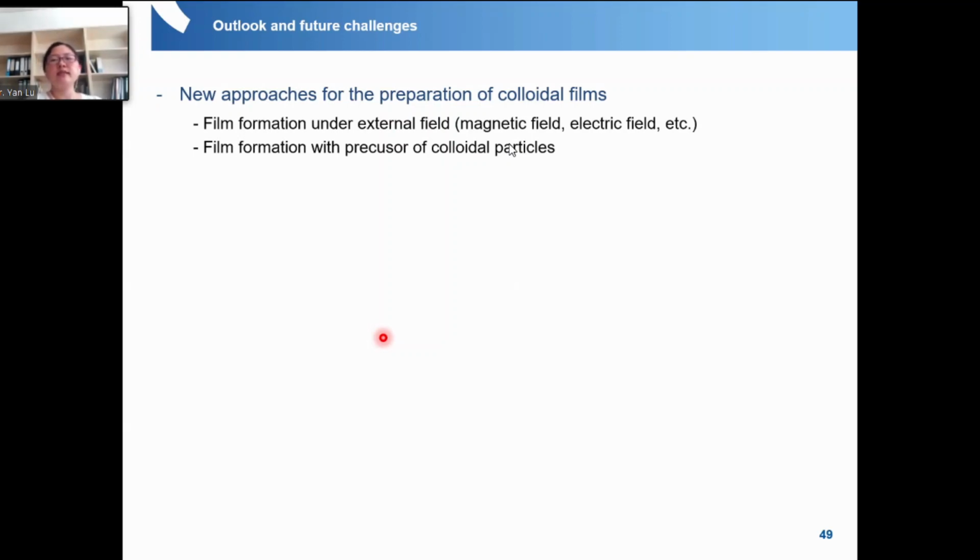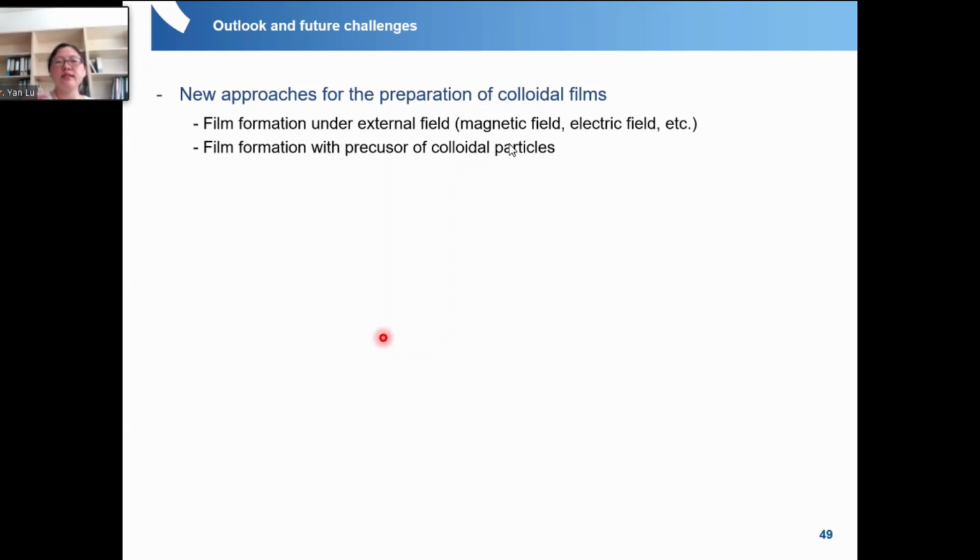The main point is how to develop methods which can be used not only on the lab scale, but also for industry application. You can also combine the film formation with an external field. This has not been well started yet.